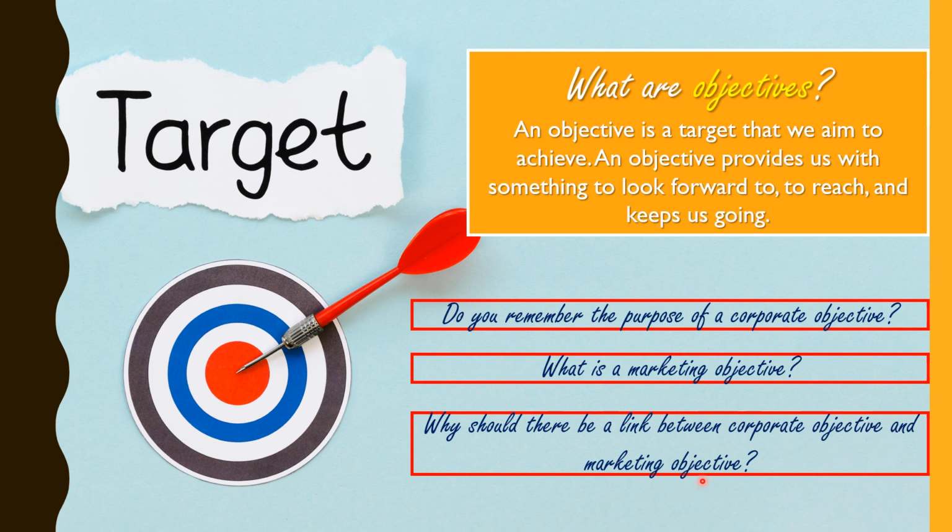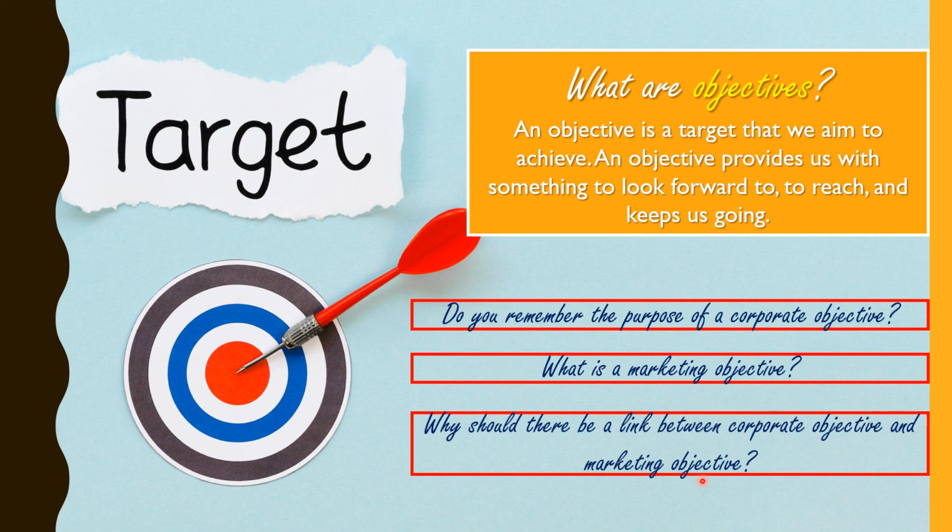What I'm trying to say is that corporate objective and marketing objective have to be linked. It comes from a particular company defining the main goal of the company, i.e. the corporate objective, and it's further broken down into several departments in a company, where each department has their own objective to achieve, so that when they achieve it, they're actually meeting the corporate objective of the company.